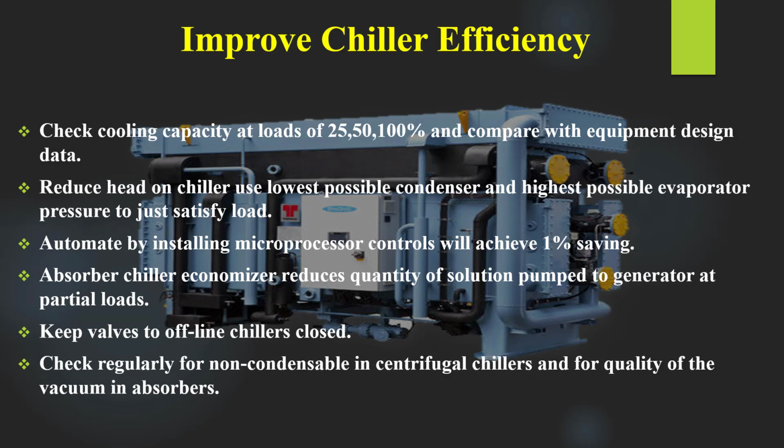Automate by installing microprocessor controls, which will achieve 1% saving. Absorber chiller economizer reduces quantity of solution pumped to generator at partial loads. Keep valves to offline chillers closed. Check regularly for non-condensables in centrifugal chillers and for quality of the vacuum in absorbers.